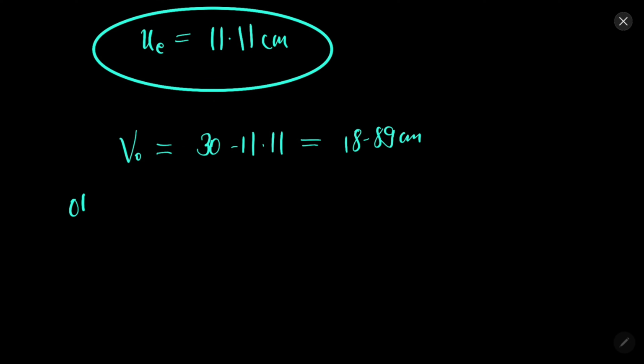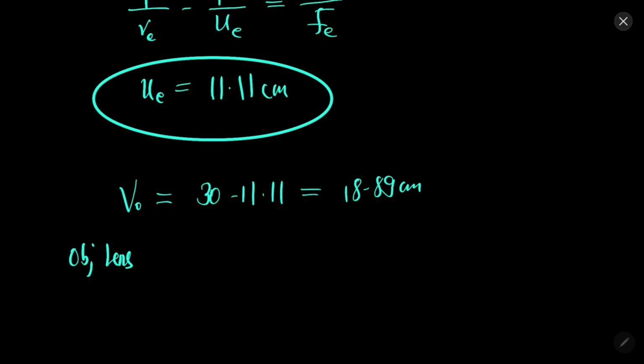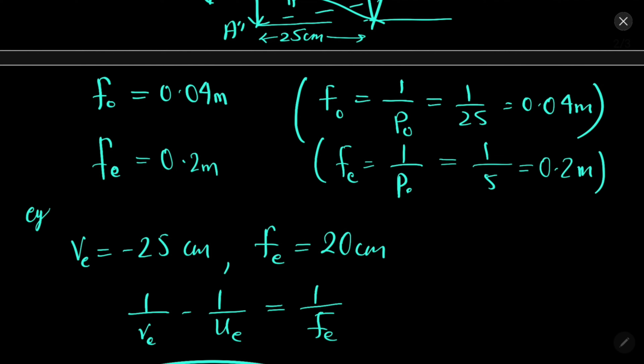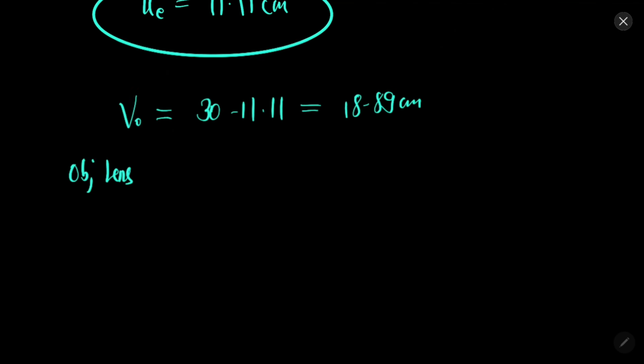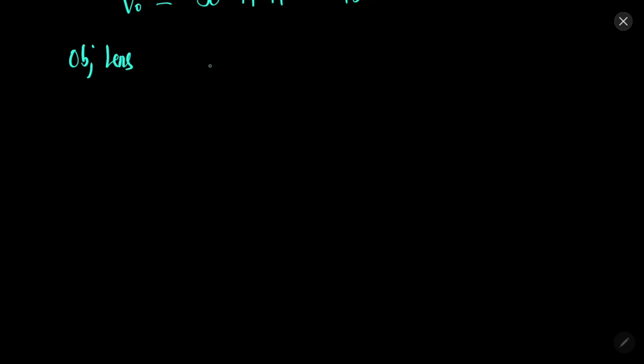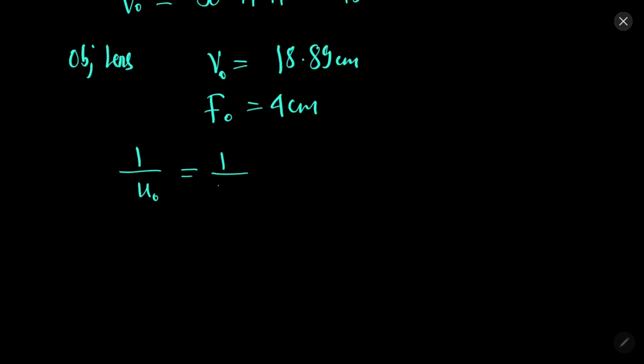Now this was for the eyepiece lens. For the objective lens, VO is 18.89 centimeter, FO is 4 centimeter. We can find the initial position of the object by the lens formula.